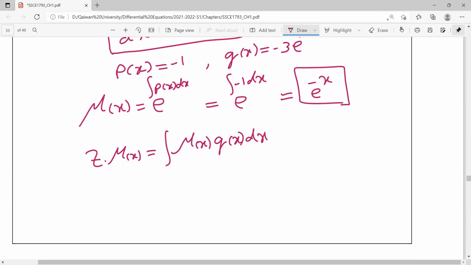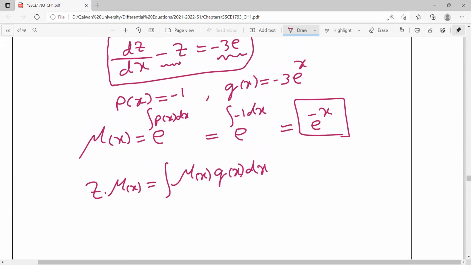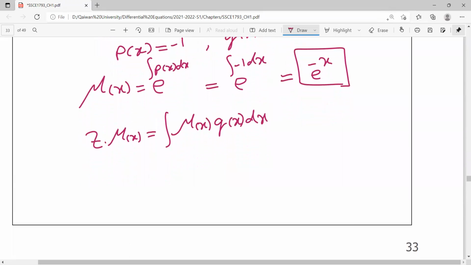Here, we just replace the mu of x by its value, which is e to the power minus x. And also we replace q of x by its value, which is -3 e to the power x. So z times e to the power minus x, this mu of x, equals the integration of e to the power minus x times -3 e to the power x dx.